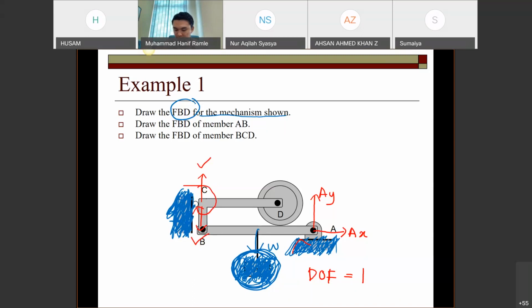Yes. So how about right? Can this system go right? Can or not? No, because of the wall.